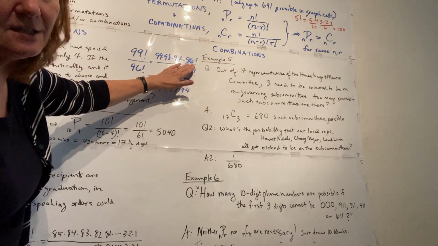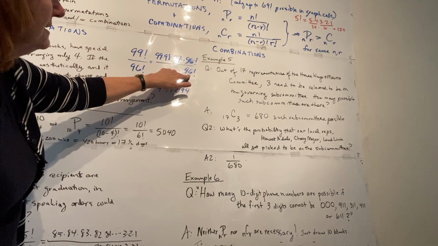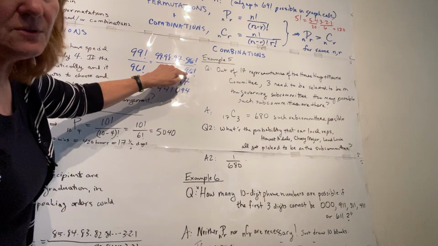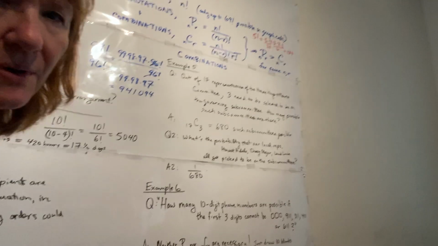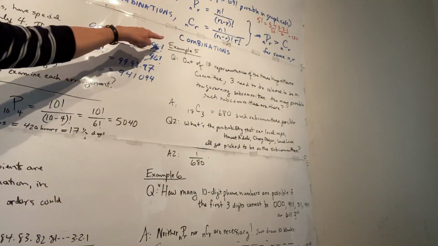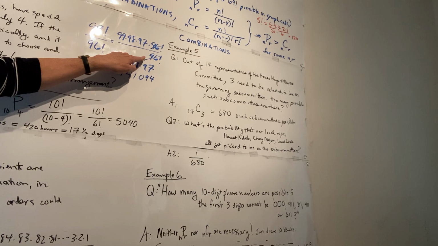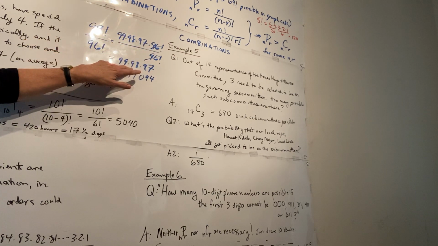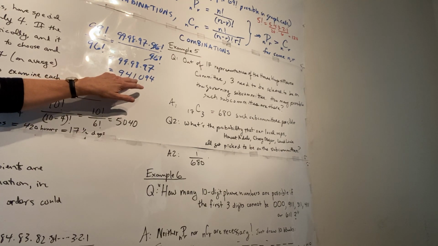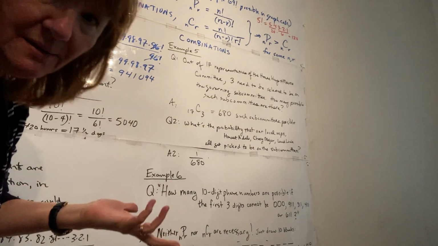In other words, 96 factorial over 96 factorial. Those all cancel. You're just left with 99 times 98 times 97, which is 941,000. Not such a big number, really.